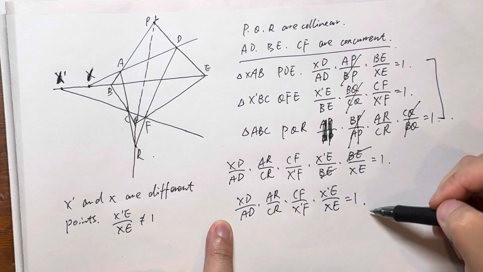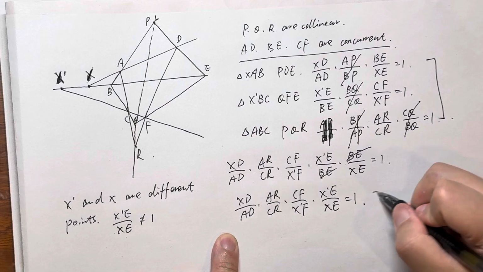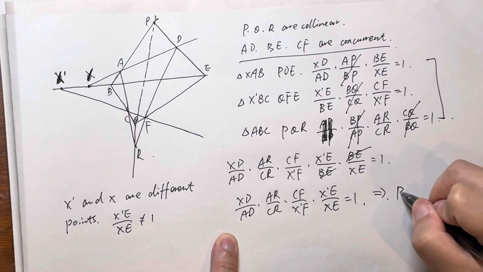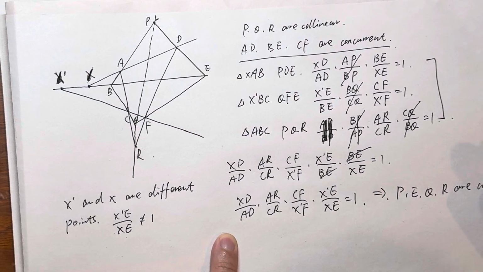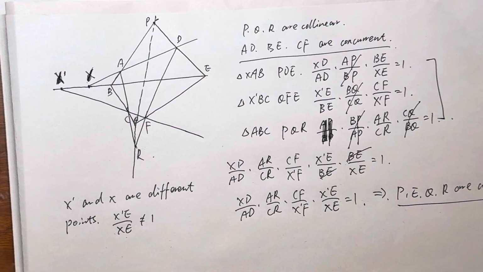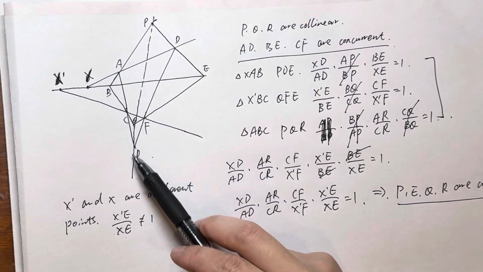If this is true, and we know that X prime E doesn't equal XE, we can only get the conclusion that P, E, Q, R are collinear. Why? This is based on our previous video, the generalization of the Menelaus theorem for the polyline, right? We derived that, which is obviously not true because E is not on the line PQR.